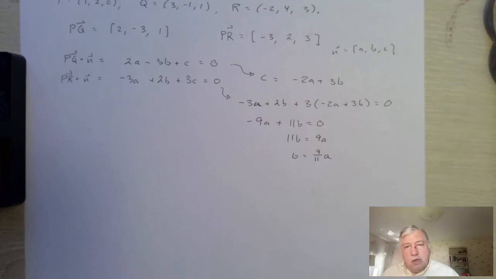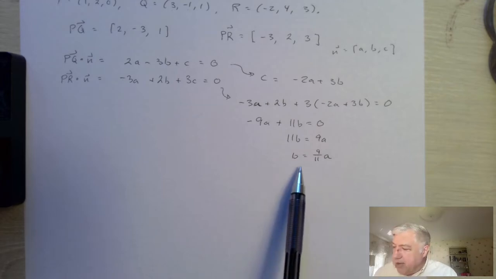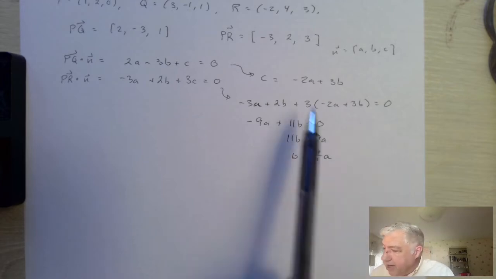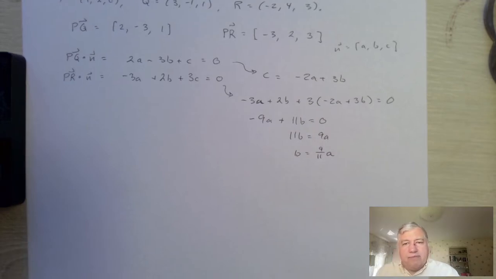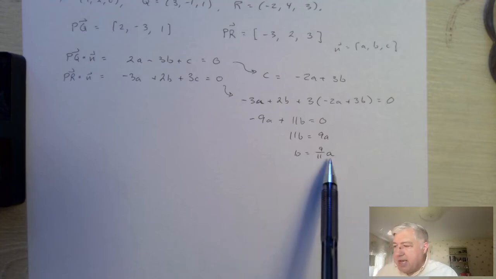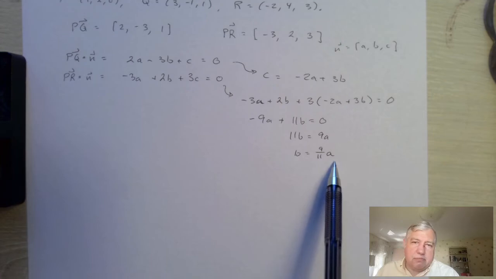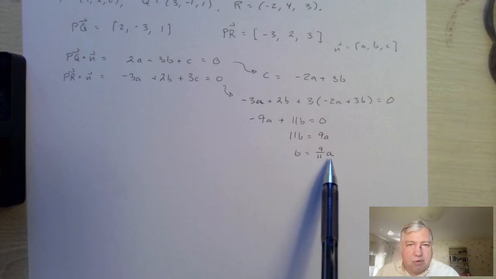So this indicates that we'll get a solution. We can let A be anything, and that will give us a solution as long as B is defined this way and C is defined this way. I'm going to pick a value of A that is nice, and by nice I mean so we can avoid fractions. If you want to pick A equals 1, that's fine. Obviously, you don't want A to be 0, because that makes everything else 0.